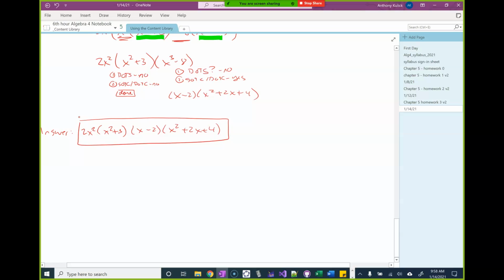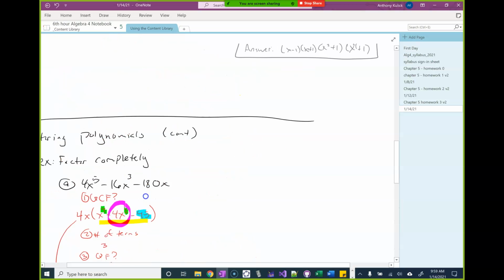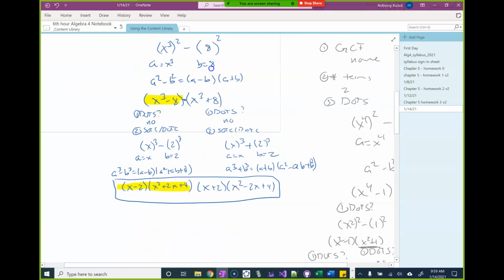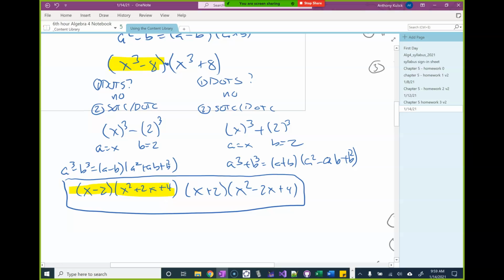So I skipped a bunch of steps because we did this specific problem up there where I did all the work for it. So in the interest of time, I just skipped showing all that work because we already did the problem on the same sheet of paper and the same homework assignment.